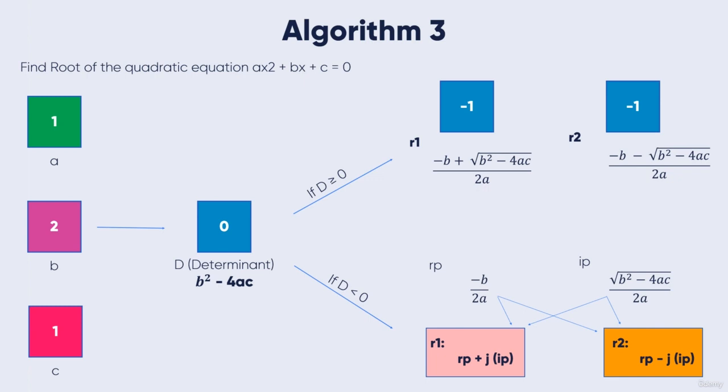In this case, we need to create two variables, r1 and r2, and we calculate the real part and the imaginary part and multiply it by j. So, this is the complexity in a small quadratic equation. How to solve this equation, we will learn later on, how to write the code responsible for making this algorithm work in many coding languages.